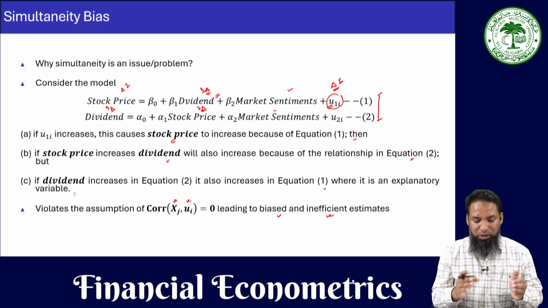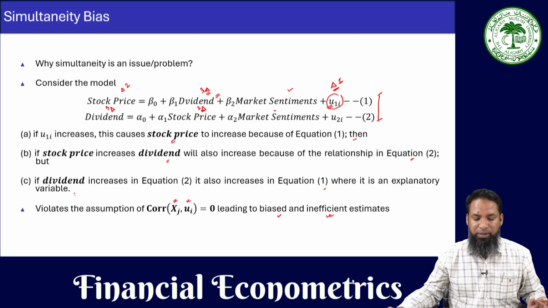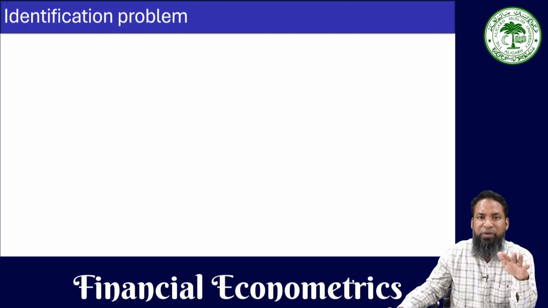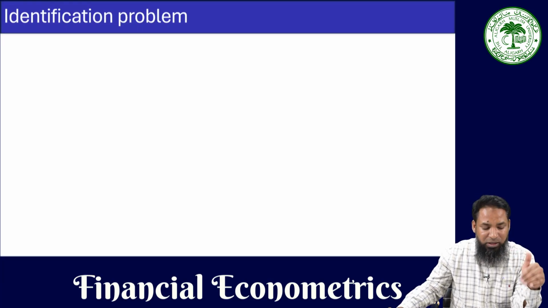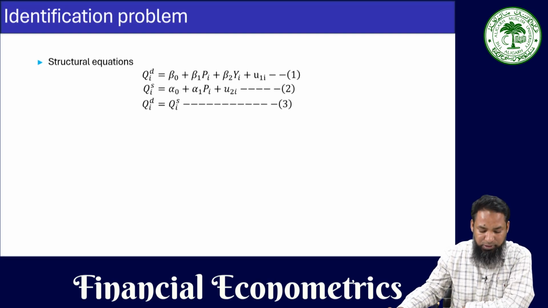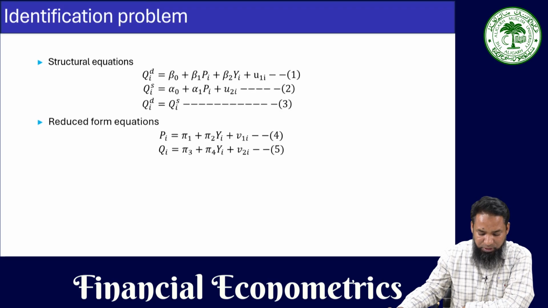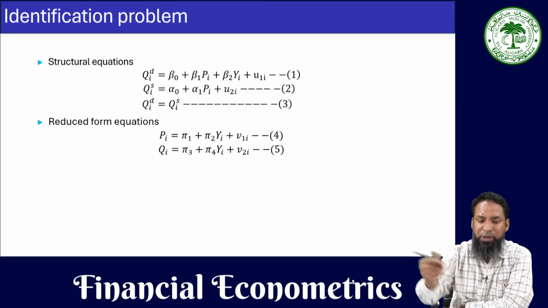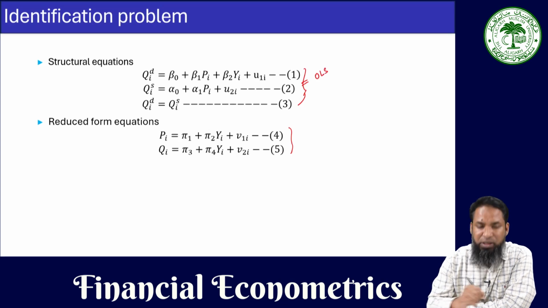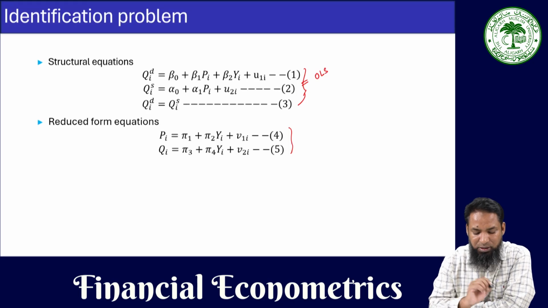So, if we are not able to use it, what is the way out? To understand that, we have to look at the problem of identification. First, what is the identification problem? Let us see the structural equations of this market model and the reduced form equations. If we compare the structural form and the reduced form, because of the simultaneity bias we cannot use the OLS method to estimate the parameters beta 0, alpha 0, beta 1 and alpha 1.